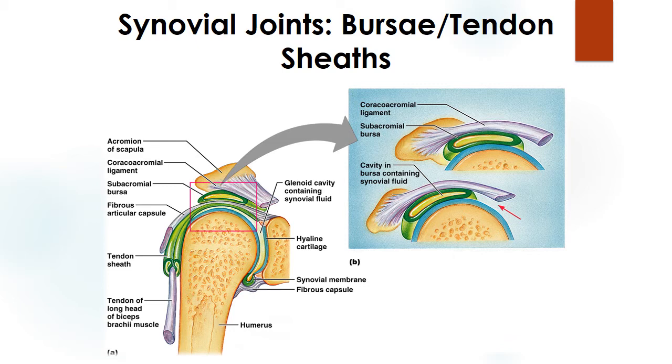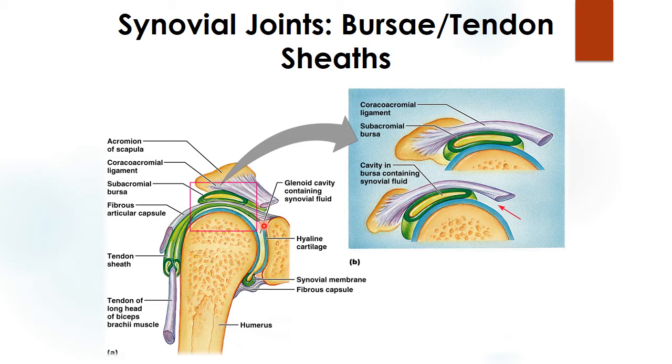So in the case of the shoulder, here is the synovial cavity, and the synovial cavity simply projects an extension of itself and folds upon itself to create a tendon sheath. In the case of the shoulder, we have a tendon sheath that surrounds the tendon of the long head of the biceps muscle. The tendon of the long head of the biceps muscle is an intracapsular tendon.